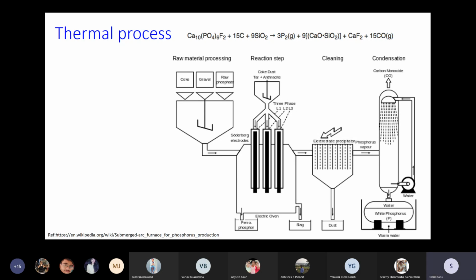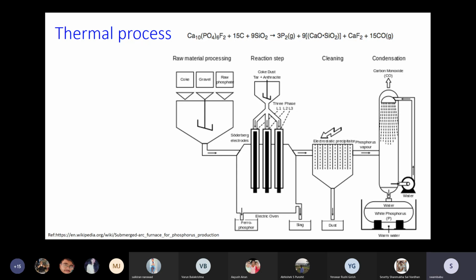Here we usually get white phosphorus. Then we get the other byproducts. So it's a very simple process, but we need to supply a lot of heat, and also instantaneously.